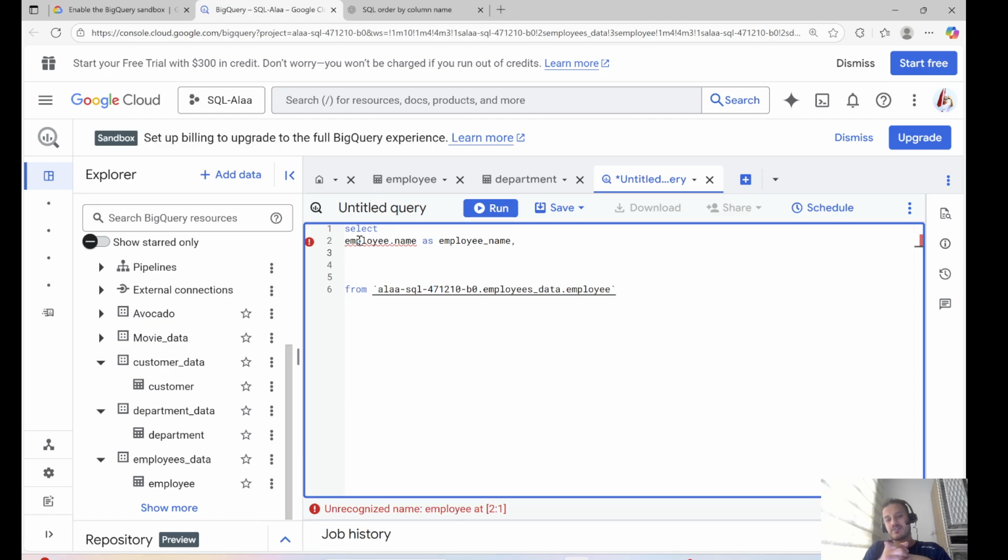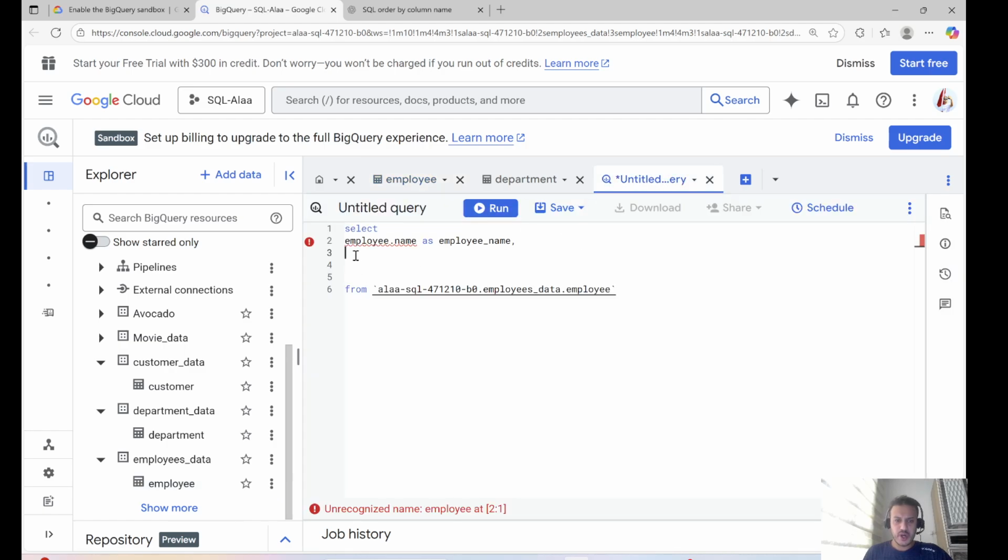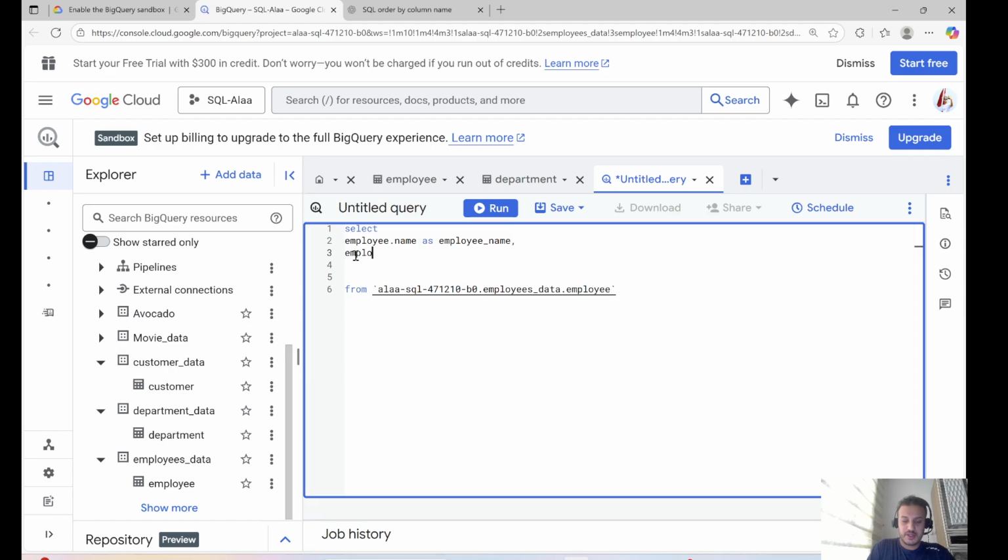I need to identify the new name, employee_name, as the new name for my column. You will check that and see it. So I need my employee name and I need my role, from the employee table, employee dot role AS employee_role.